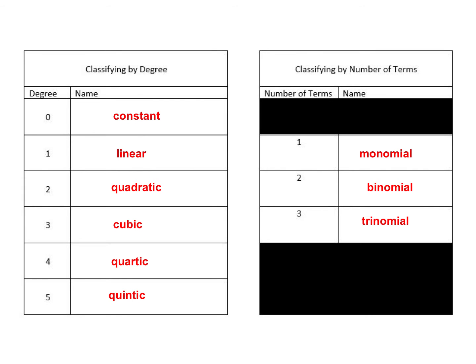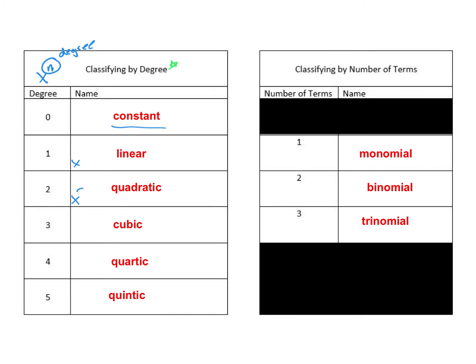When we start classifying polynomials, we can classify them by the degree. Keep in mind that these are always like x to the nth, and whatever that number up there is, that is your degree. If we see something to the 0 power, that's going to be a constant. An x to the first power makes it linear. A lot of times this is just x.